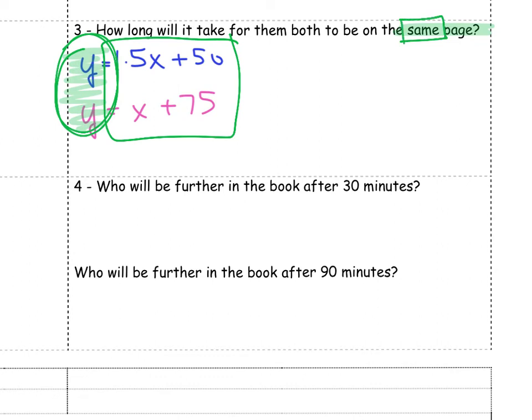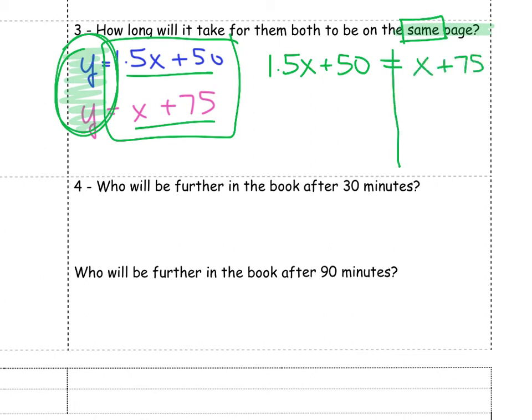So since I can't see where they meet on the graph, I can do it mathematically. I take Miss Morose's equation, 1.5x plus 50, and I'm going to set it equal to Miss Kennel's equation, x plus 75, and then all I have to do is solve. Minus x, 0.5x plus 50 equals 75.